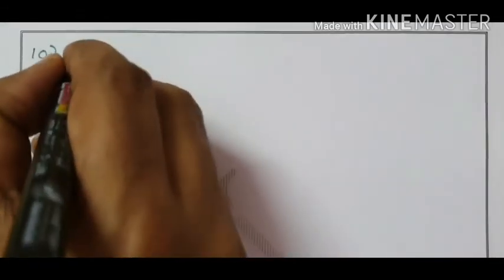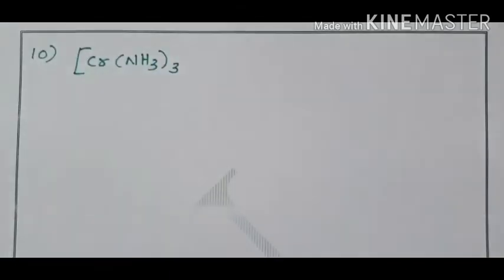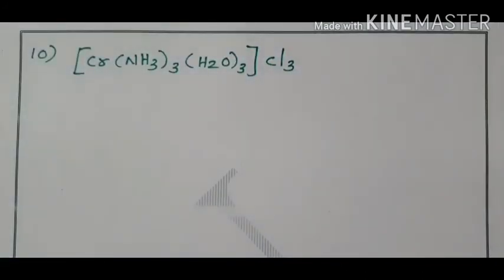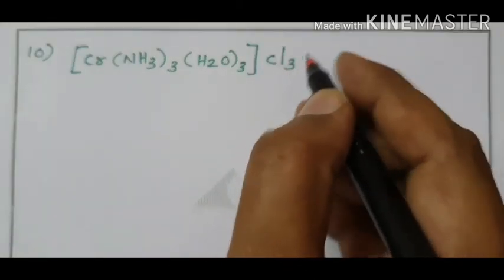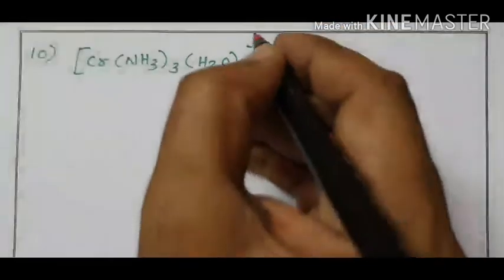The compound given is Cr(NH3)3(H2O)3 Cl3. The central metal ion is Cr, chromium. To find out the charge on the central metal ion, we should find out the charge on the complex. 1 chlorine is 1 minus, 3 chlorine 3 minus.